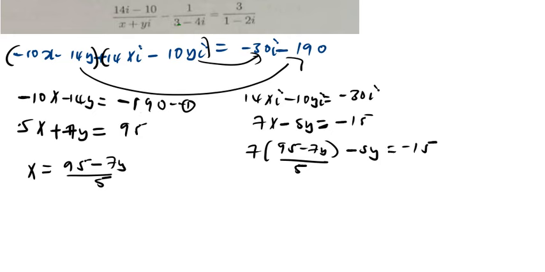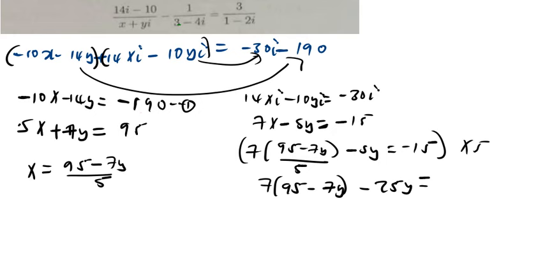Now to get rid of this 5, to make things very simple, do times 5 everywhere. So 5 meaning you have 7 times (95 minus 7y) minus 5 times 5, 25y, being equal to 5 times 15. So 5 times 15 should be 75.